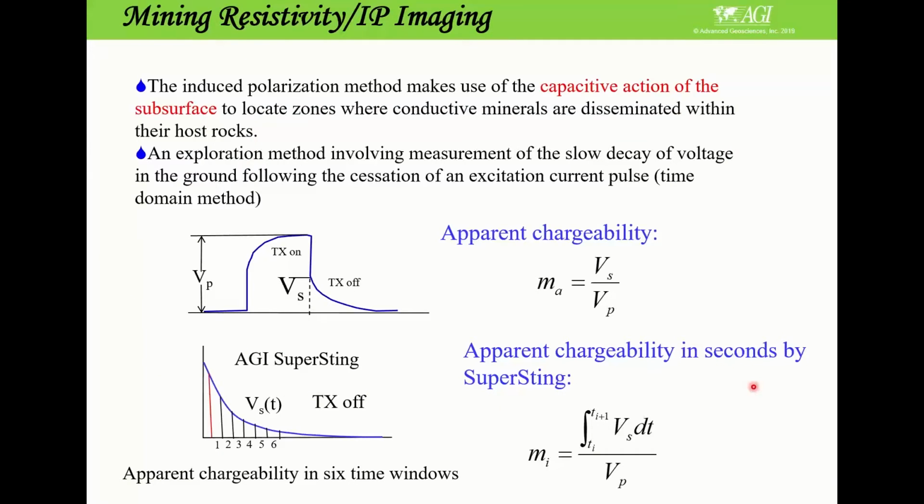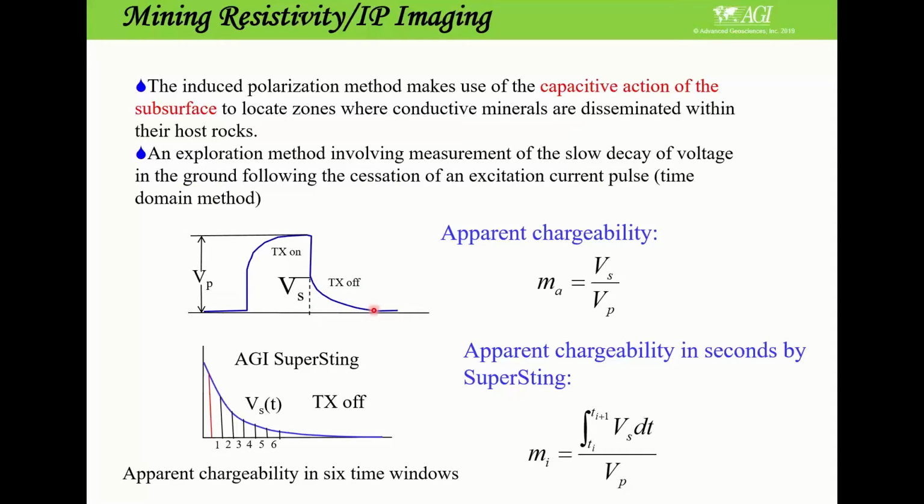So what do you do in these systems is inject current and then turn off current. Typically you inject current, turn on the current, and then you measure your resistivity here, which is the primary voltage. And then you turn off the current, and then you start listening to the decaying voltage.